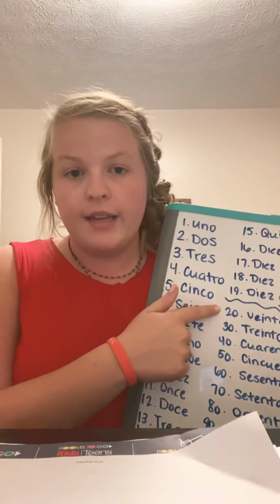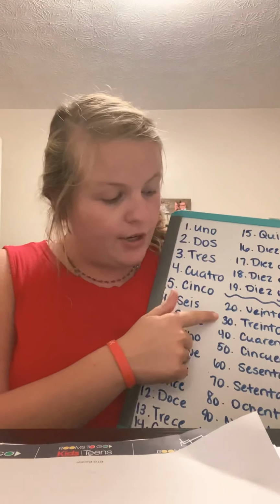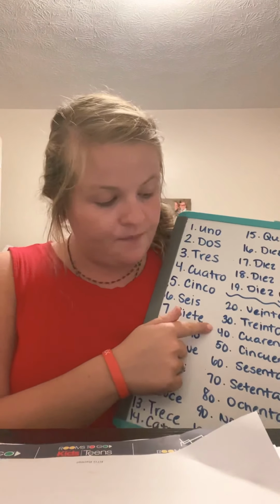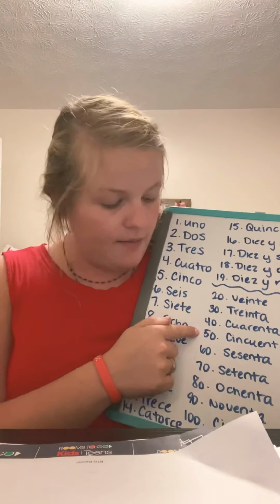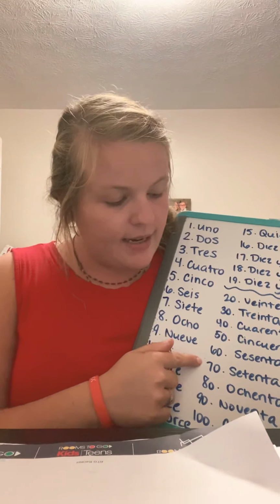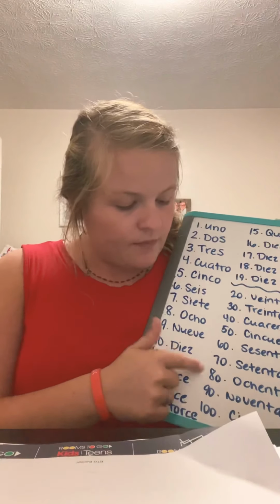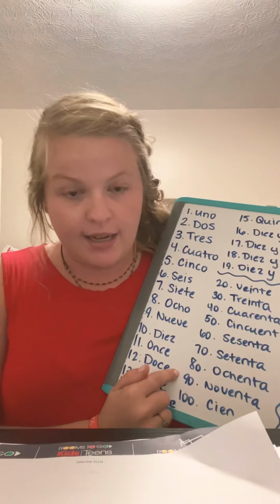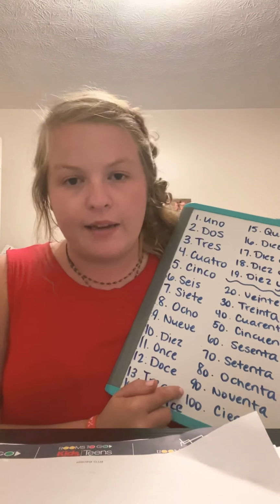So 20 is veinte, 30 is treinta, 40 is cuarenta, 50 is cincuenta, 60 is sesenta, 70 is setenta, 80 is ochenta, 90 is noventa, and 100 is cien.